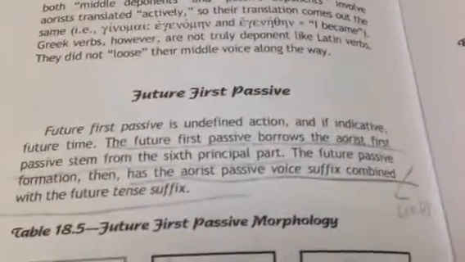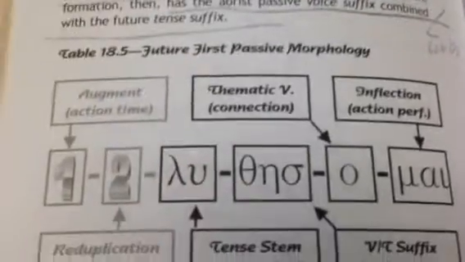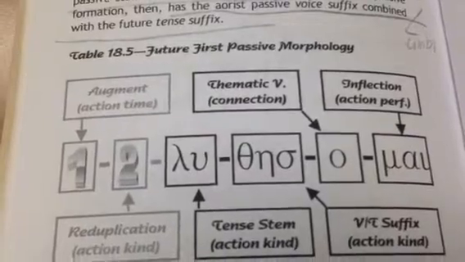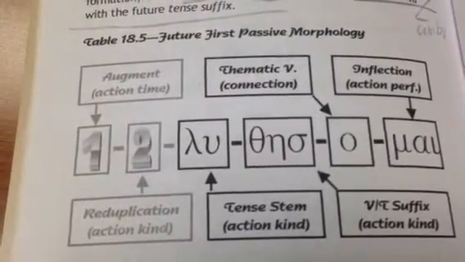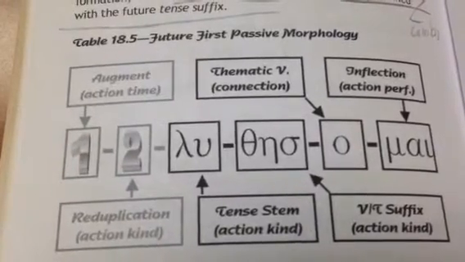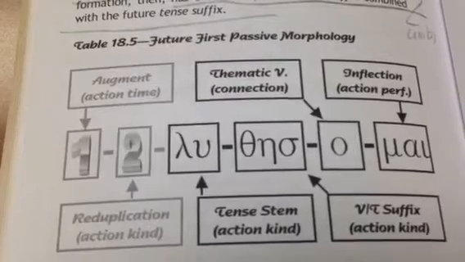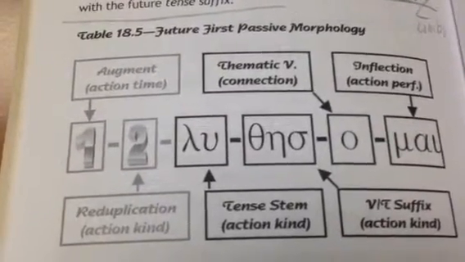Of course, we also have the deponents. You're aware of that. Now, we also find the passive in the future. So the future passive, because it works off the same voice suffix, we find them in the same principal part. So also first connection here, you find them here called first passive. Notice, of course, we don't have an augment because it's not past time.